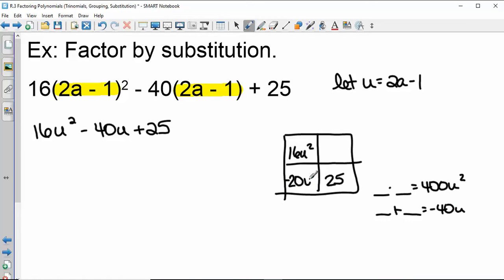So that's negative 20u and negative 20u. Factor, so we get 4u minus 5 and 4u minus 5. So this is just 4u minus 5 squared.